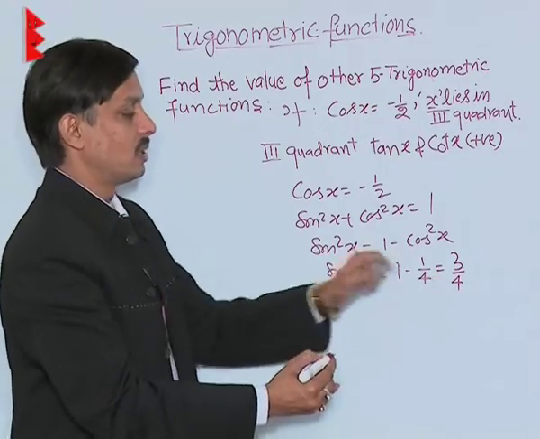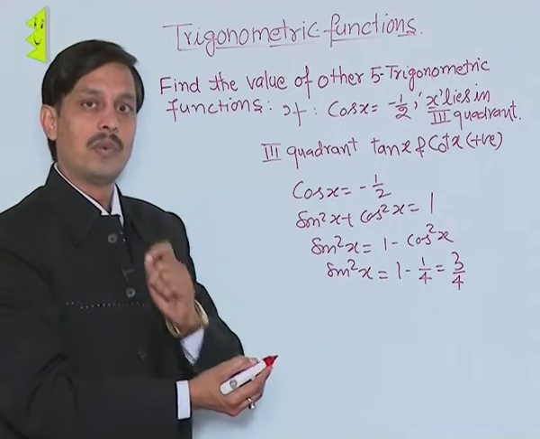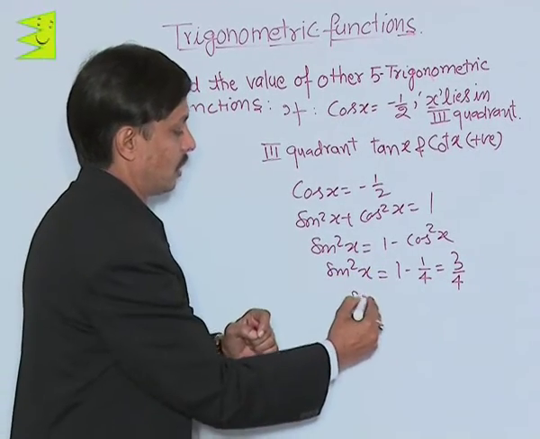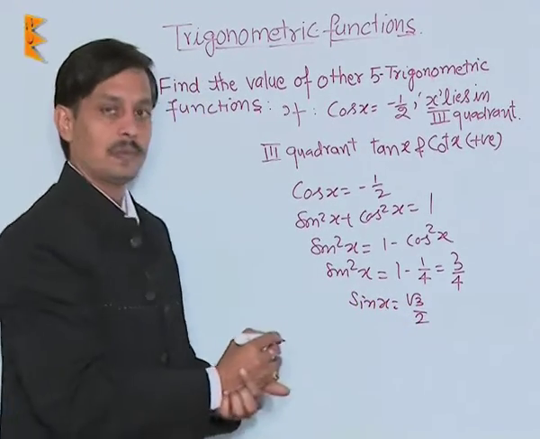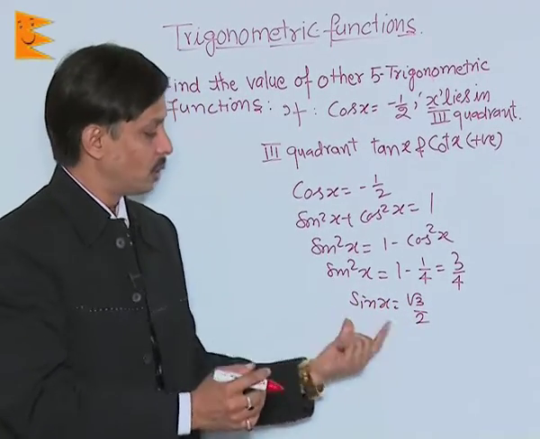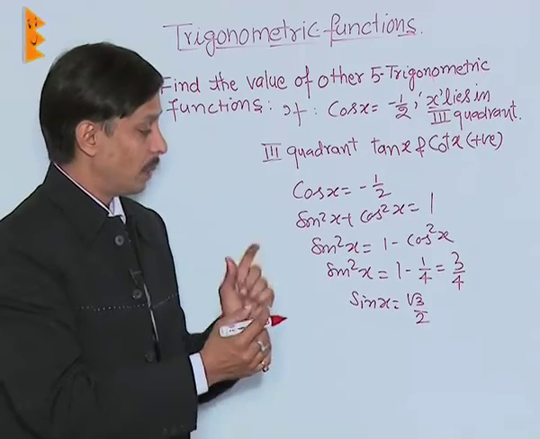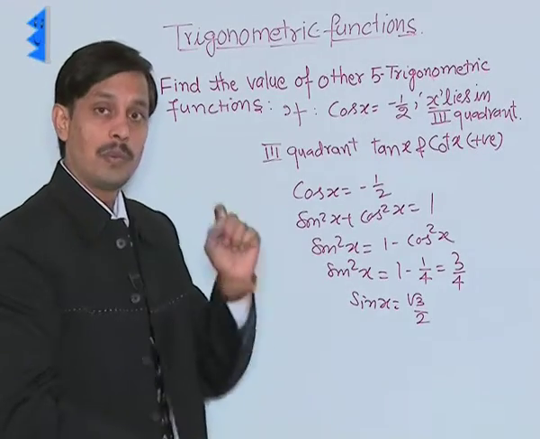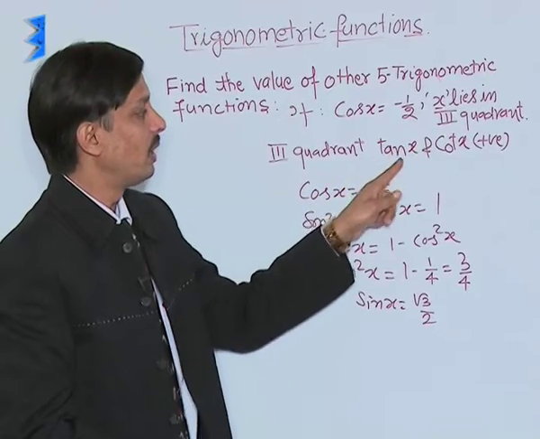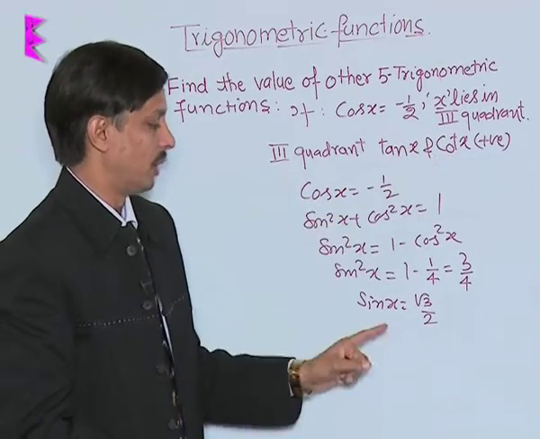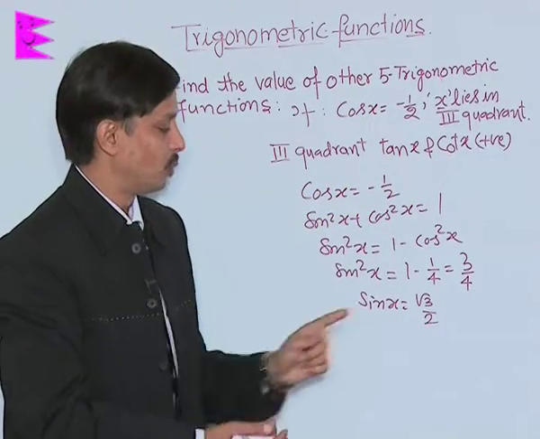If sin square x is 3 by 4, the value of sin x will be root 3 by 2. The value of sin x is root 3 by 2, but it is very well declared that in the third quadrant only tan and cot are positive, and the remaining values have to be negative.